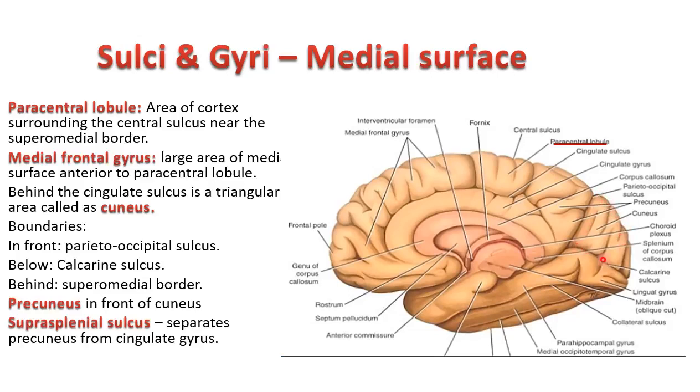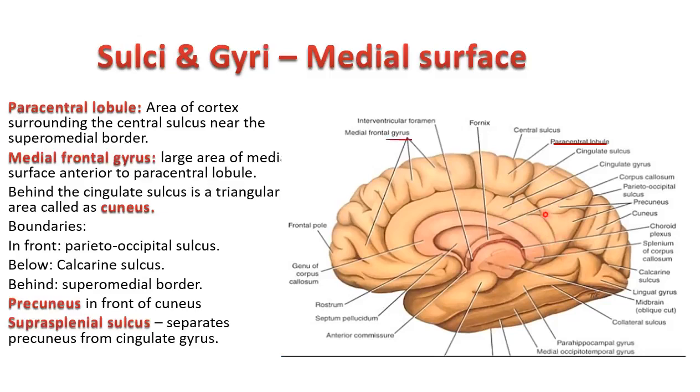This triangular area is called the cuneus. The area in front of the cuneus is called the precuneus, and the suprasplenial sulcus separates the precuneus from the cingulate gyrus. So this is the suprasplenial sulcus.